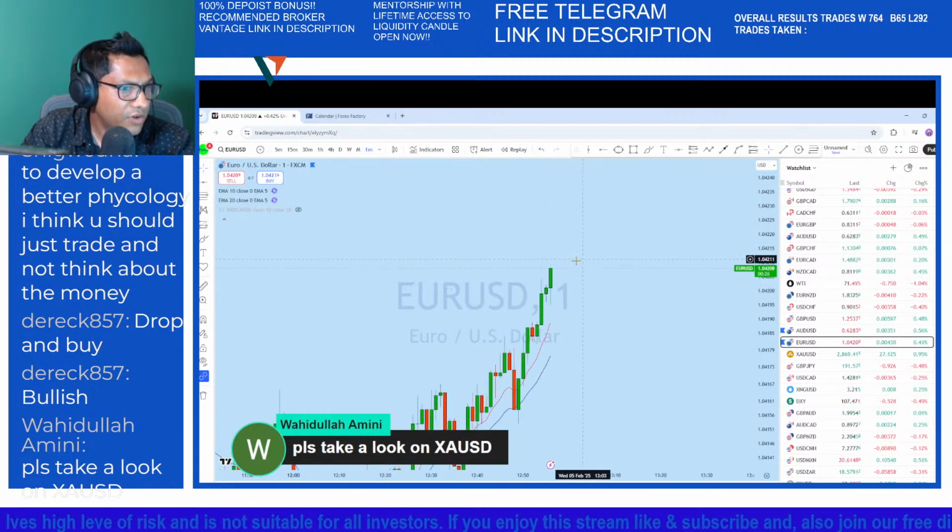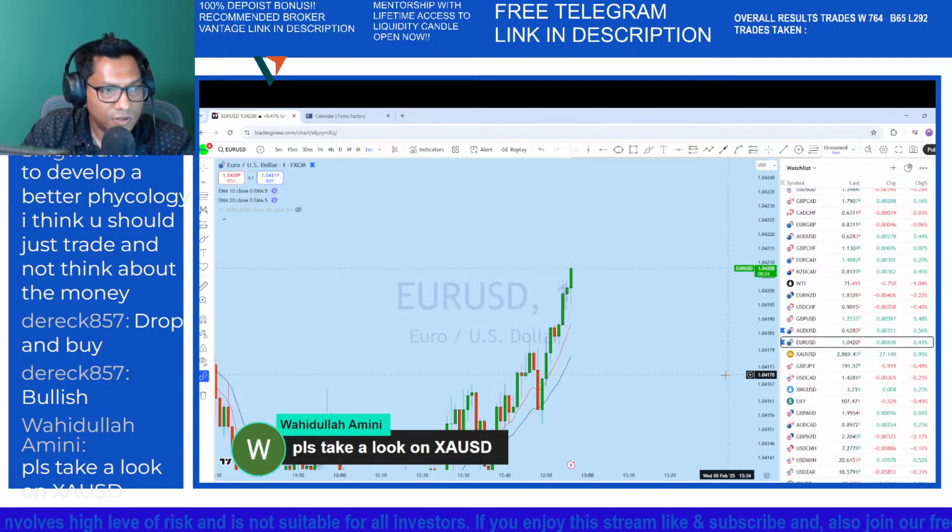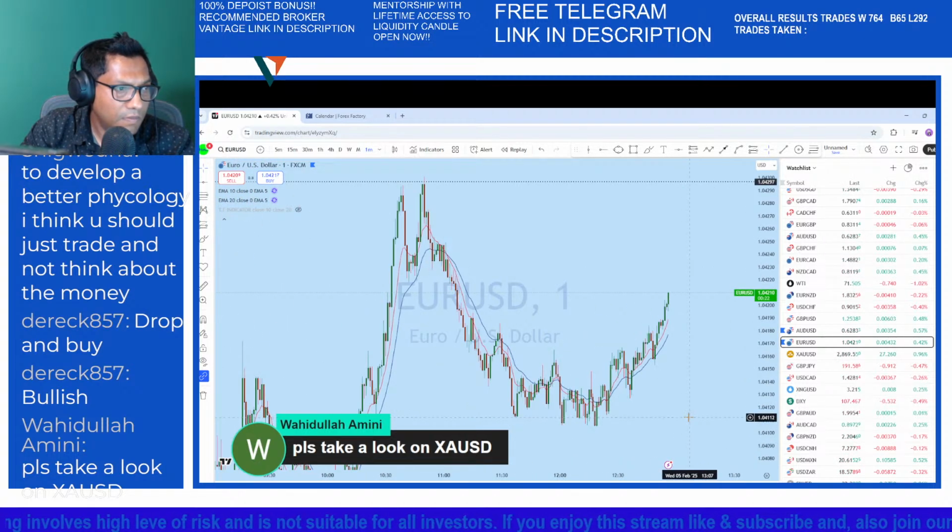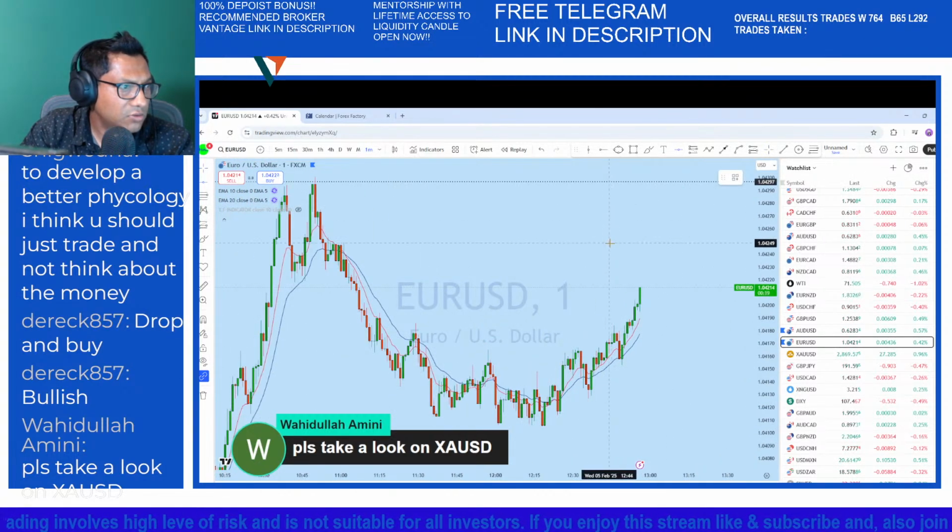So lower time frame, some bounce. It might lead back to that resistance line.